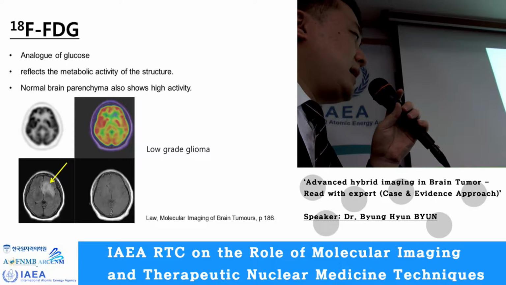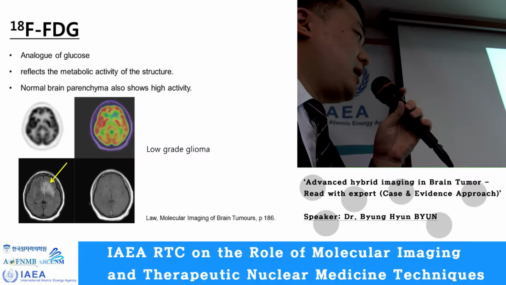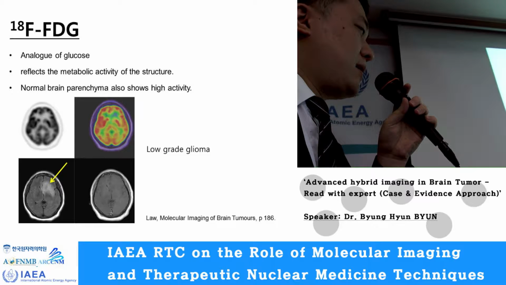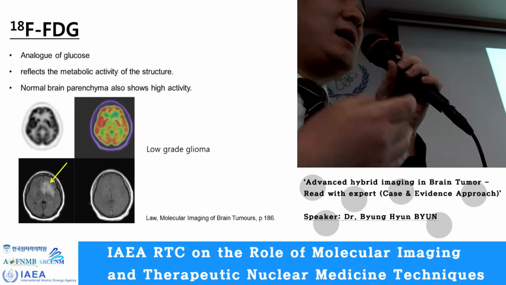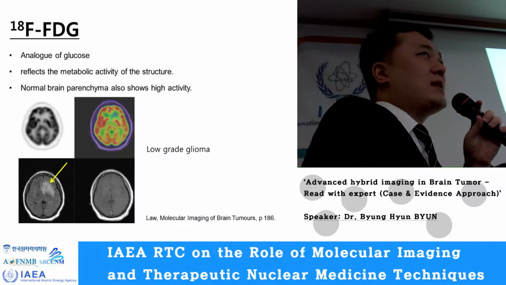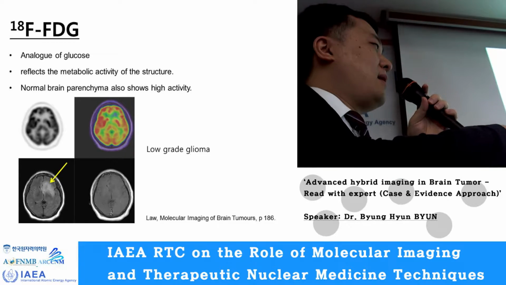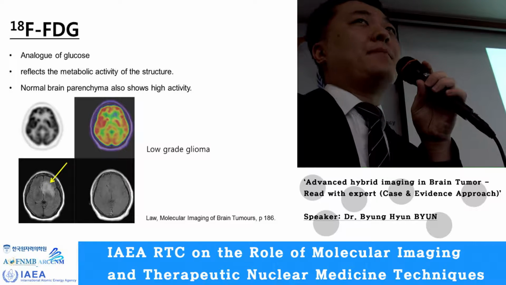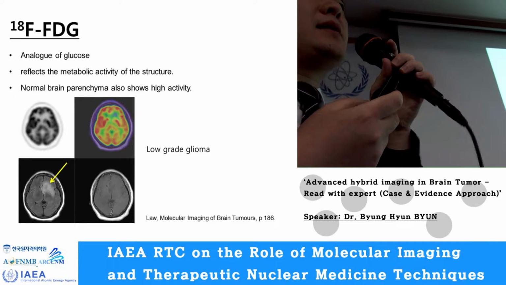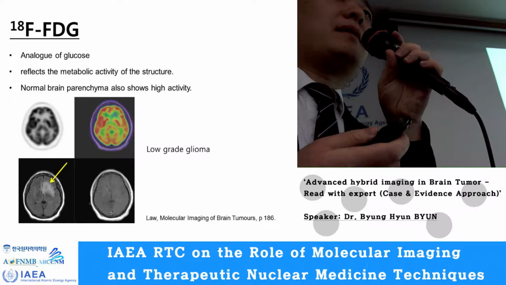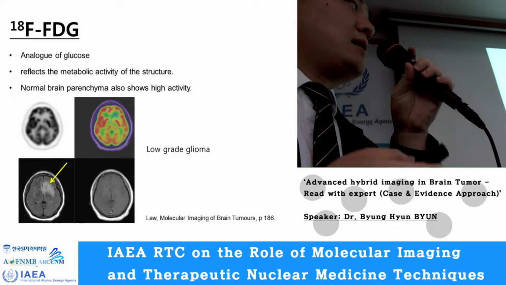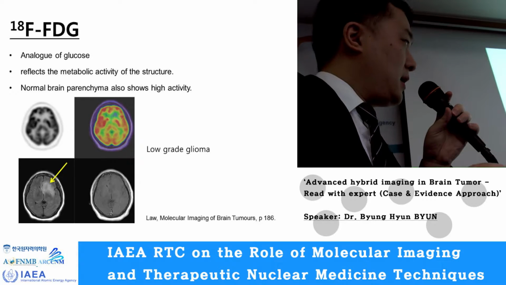As you can see in this image, on the FLAIR image there is a lesion suspected to be a tumorous lesion. Actually, the patient had a low-grade glioma. A low-grade glioma usually shows less metabolic activity than a high-grade glioma.